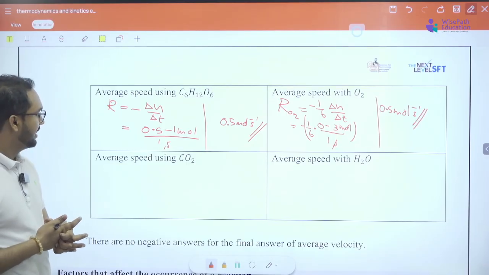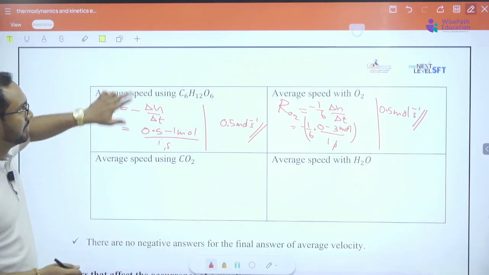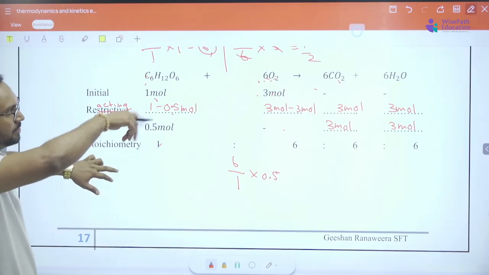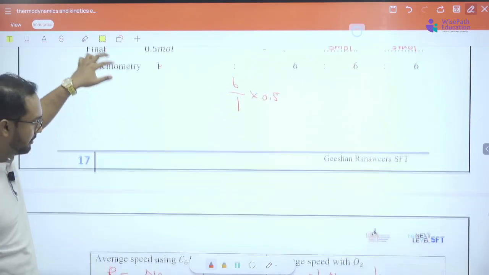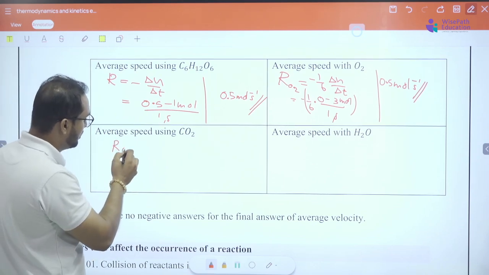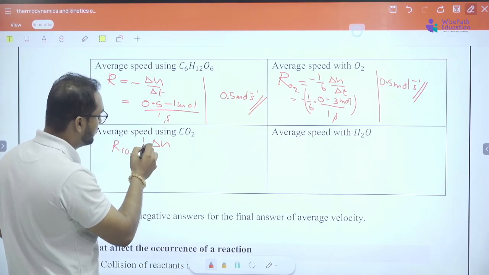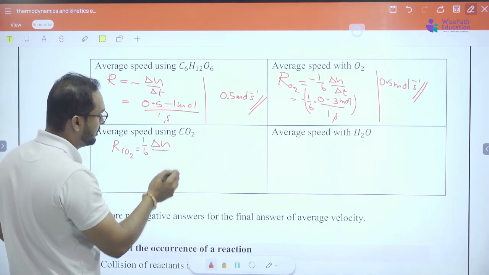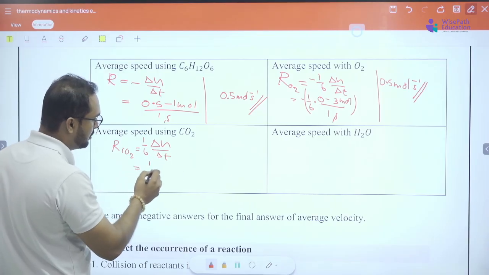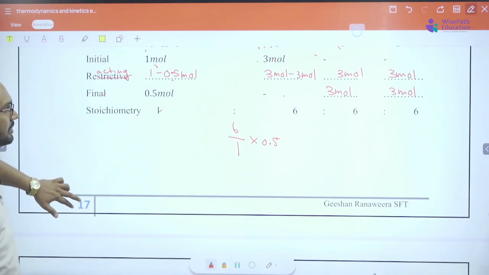What's the next? Average speed using carbon dioxide. So it's production, right? Carbon dioxide is produced and its stoichiometry is also 6, right? So that will be RCO2 equals delta N, and you have to put the stoichiometry in the front, 1 over 6 delta N over delta T. What is the molar difference?